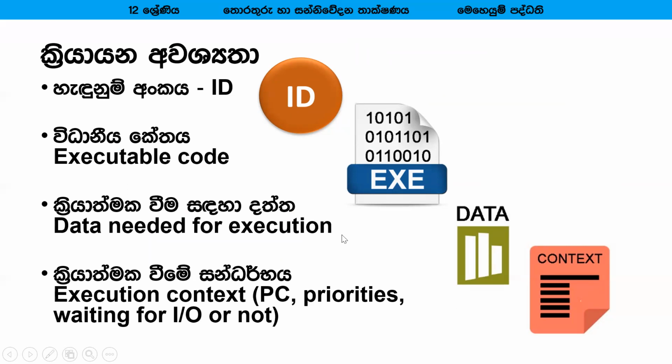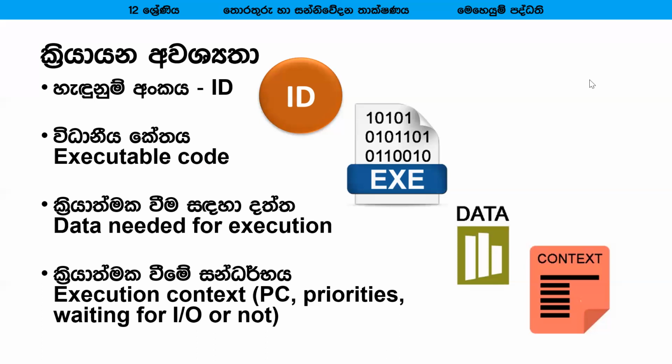Right. So then we are talking about what a process needs to exist inside the operating system. It needs an ID. It's always given an ID from the operating system to identify what process this is. Then there will be executable code.